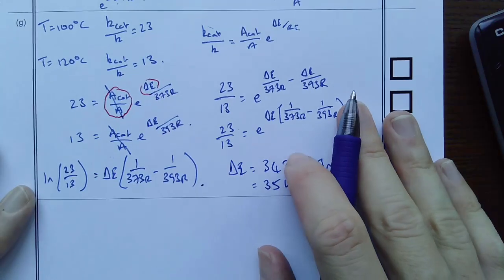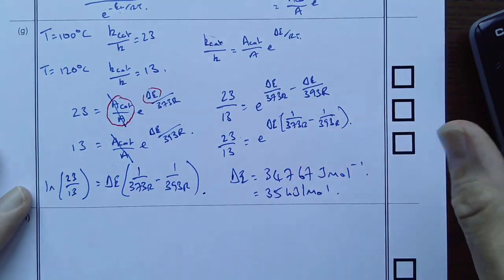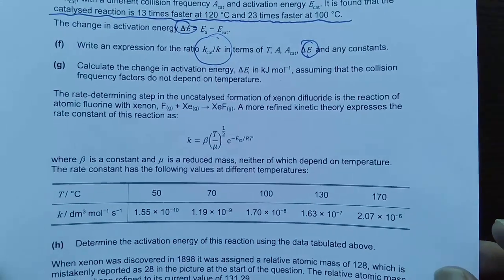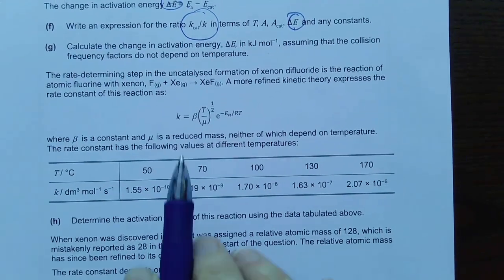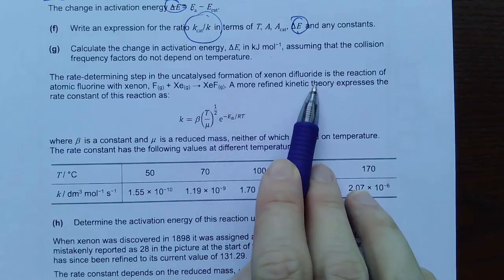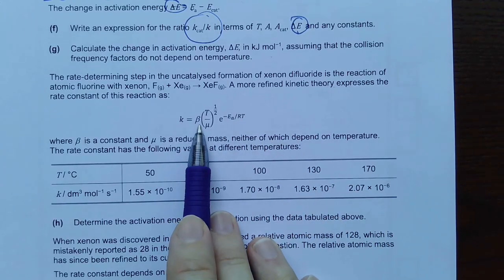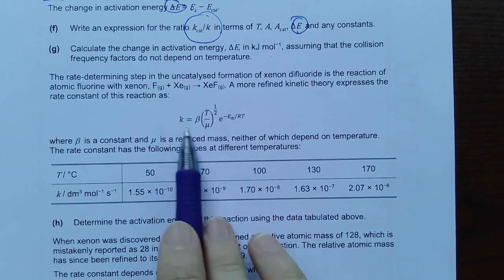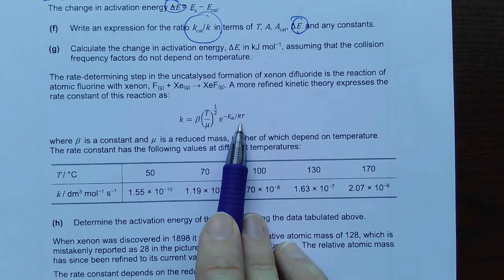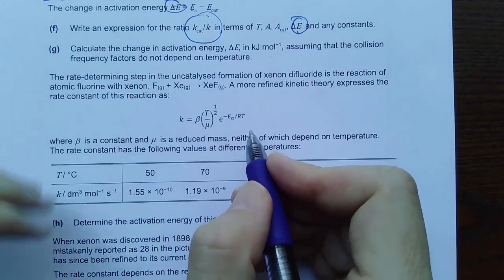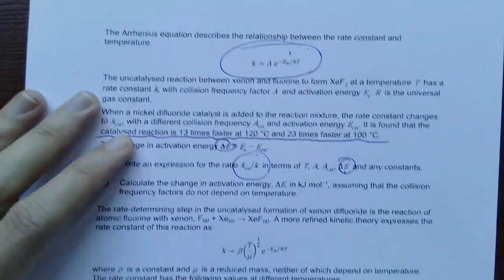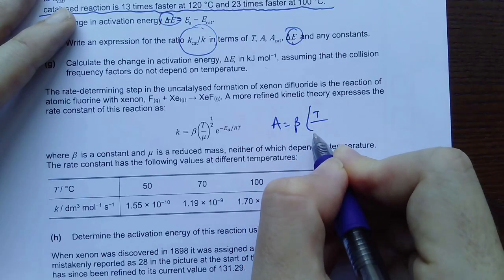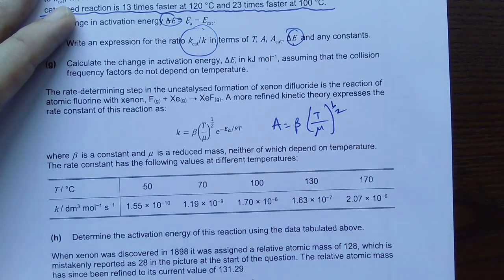This is probably the kind of thing you might see in class, or at least some similar sort of treatment. Then the rate determining step is this, and a more refined kinetic theory has this rate constant. This looks confusing, but all it's saying, in my Arrhenius equation, is that A is equal to beta T over mu to the power of a half.